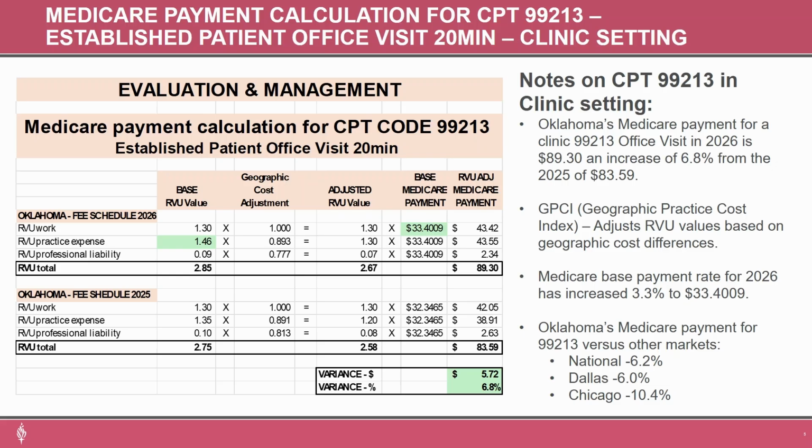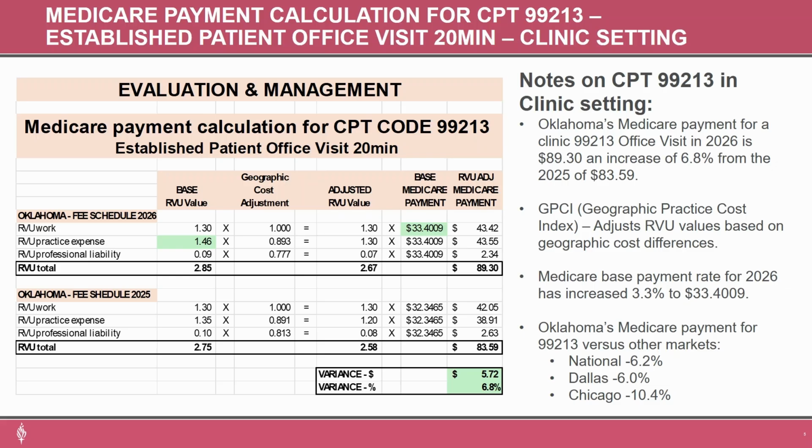Let's recap. We have just learned that there are three types of RVUs: the work, the practice expense, and the professional liability insurance component. We reviewed the role each RVU type plays in setting the actual Medicare payments for the 11,500 unique CPT codes published by Medicare.